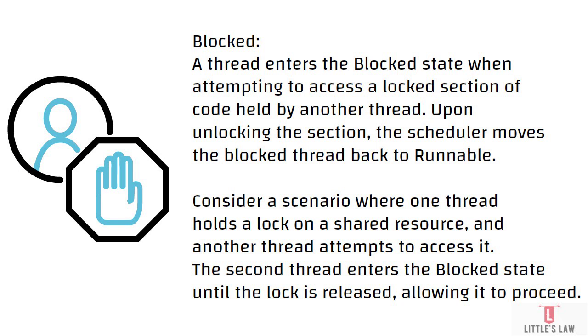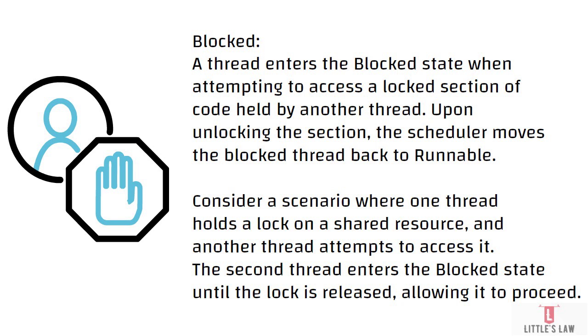Until it attempts to access such a section, it is still in runnable. The moment it attempts to access a locked section of code held by another thread, the thread enters the blocked state. That's where the blocked state comes into the picture.